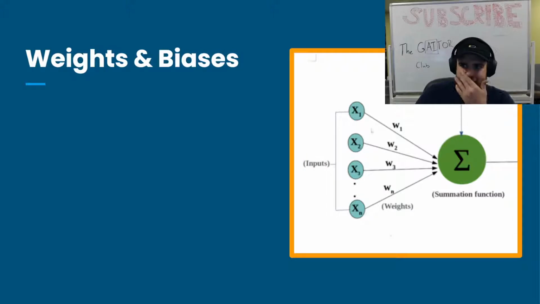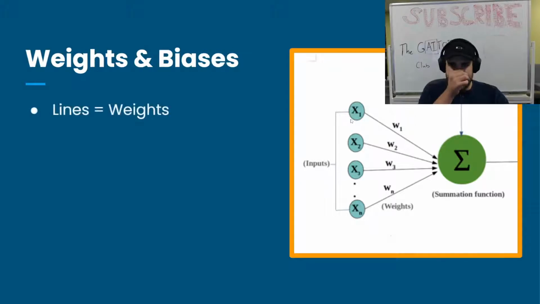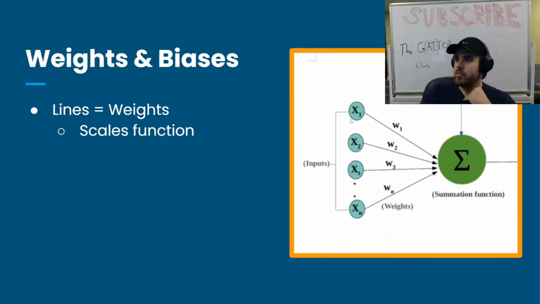What are weights and biases? So I kept these inputs in here. All these inputs have technically a weight and a bias, right? I know it might seem a little bit weird, but the weights are actually the lines when you're drawing out a neural network. They're not the circles, because there's something called biases. Now, weights scale the input of a function, and these weights can be whatever.